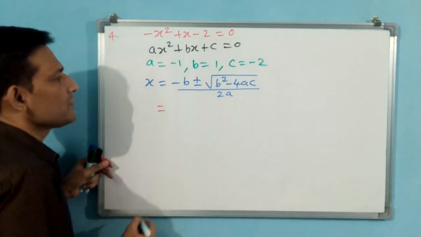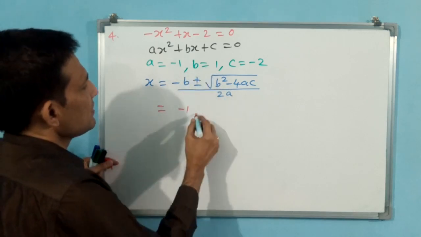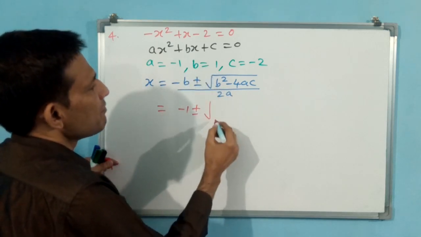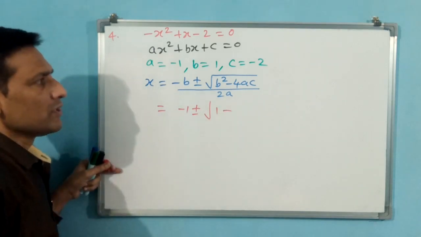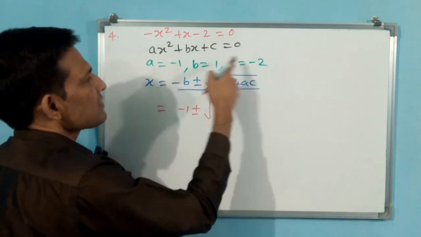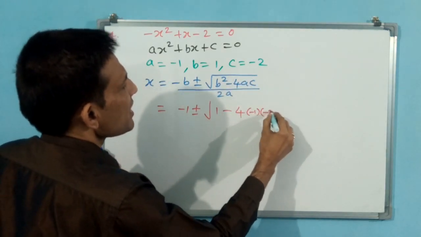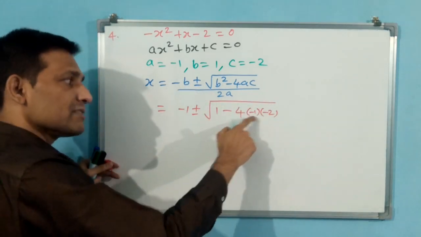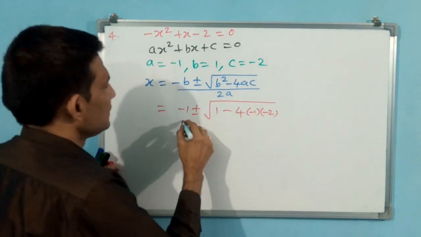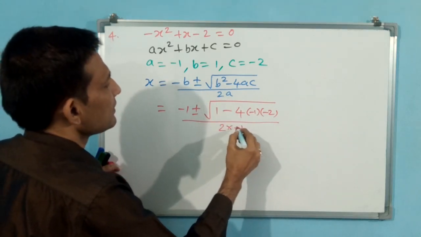Now see, that is equal to minus b, means minus 1. Why? Because b is 1. Plus or minus square root of b square, 1, minus 4 into a into c. See, 4 into minus 1 into minus 2. Let me write 4 into minus 1 into minus 2 under root. Why? Because here minus is there. That is why you write minus 1 also. 2a, 2 into minus 1.